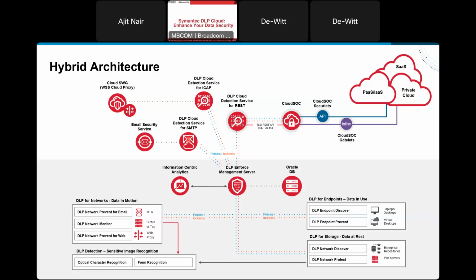And we have those Gatelets that are predefined, the supported Gatelets. But through Shadow IT, if you discover your users using applications or services which are not yet approved, you can create custom Gatelets from our CloudSOC portal.